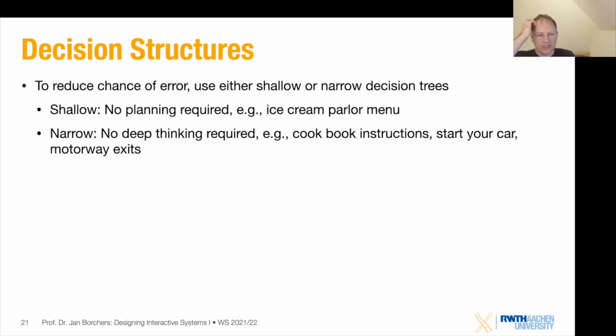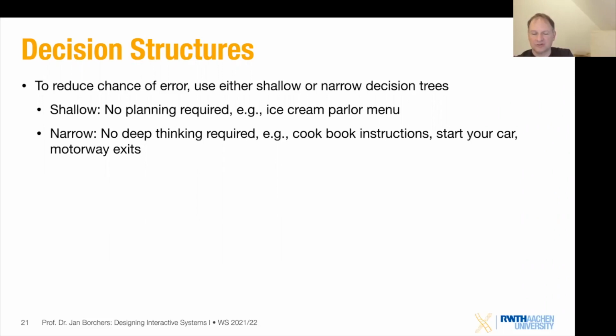Another example is motorway exits. Motorway exits are actually an interesting design. If you pay attention to it, you will find that the first time you see a sign, it'll have fairly detailed information on where this exit will take you. But then as you get very close to the exit, there is less information. And there's a good reason for that.